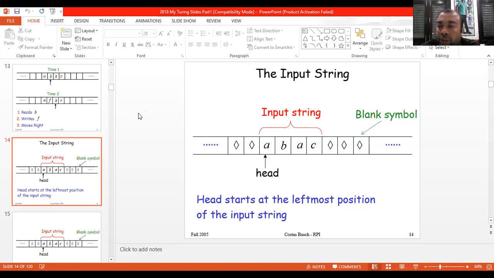Some authors write the $ sign, some write the hash sign. I think Peter Linz has written hash. Please refer to that. In these slides, which I have taken from the internet, with no copyright claim, a rhombus has been written. So a rhombus is a special symbol which represents the blank.